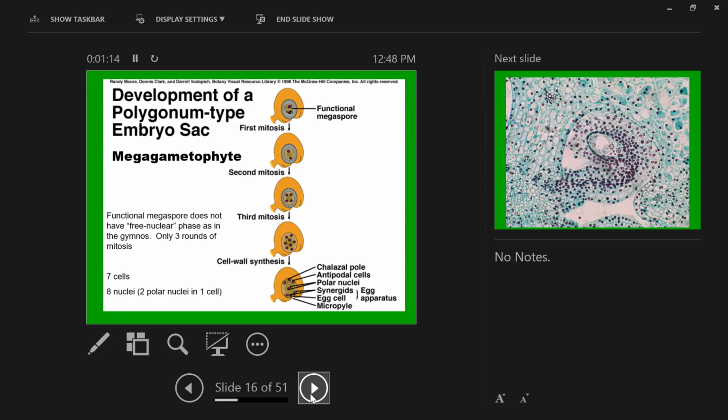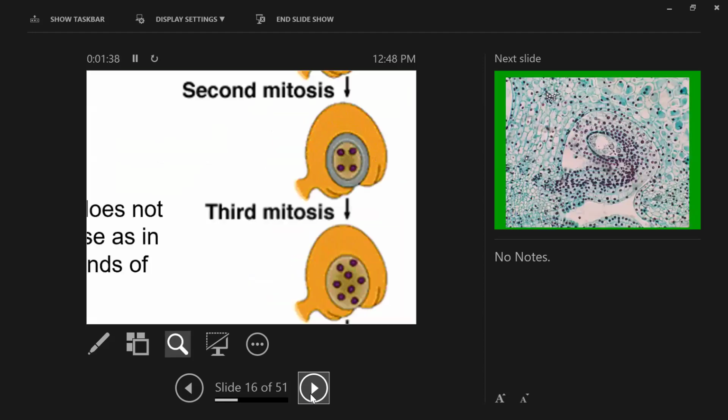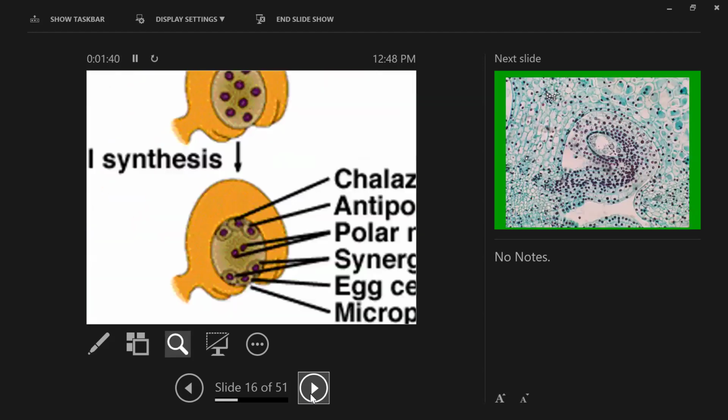But you have the situation, it's a little odd because you end up with 8 nuclei, but only 7 cells. That's an important concept. And so there's 2 nuclei in that central cell, which is weird, but that's how they do it, at least for the Polygonum type. So you have that central cell with 2 nuclei, and then please know the anatomy of the embryo sac.